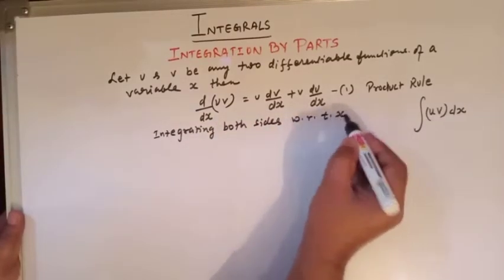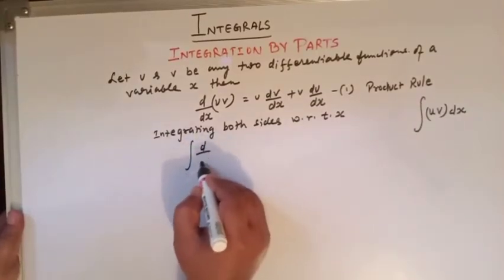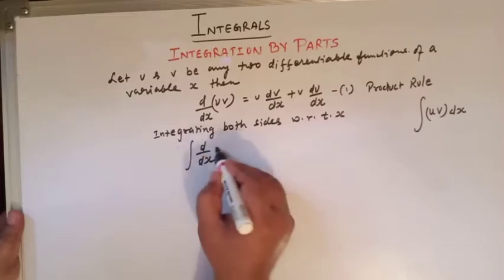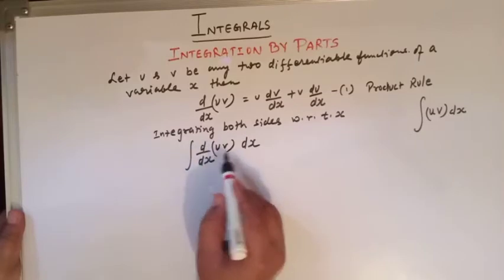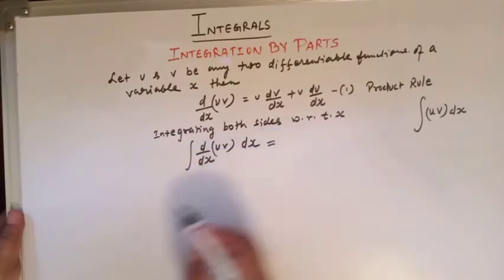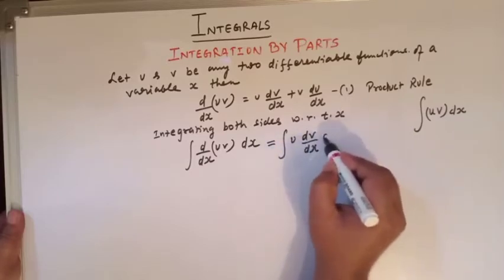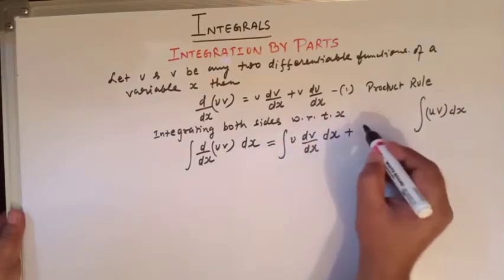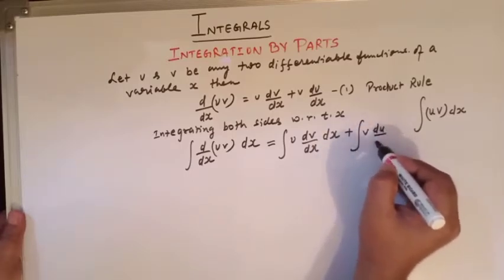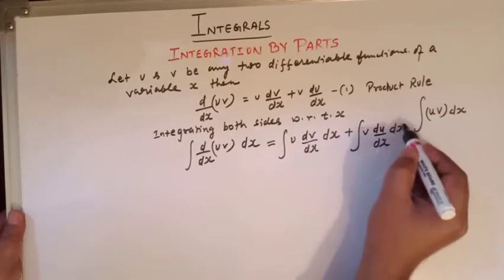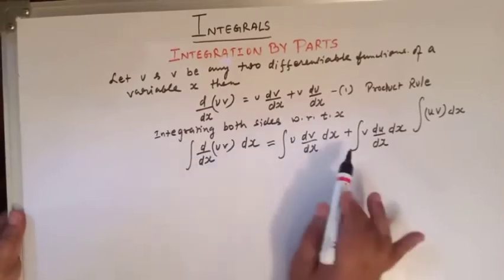With respect to x, we have the integral of d by dx of uv, and here we have u, this is dv by dx, here we have dx, and then we have v, this is du by dx, and here we have dx. Clear? So we are integrating both sides with respect to x.